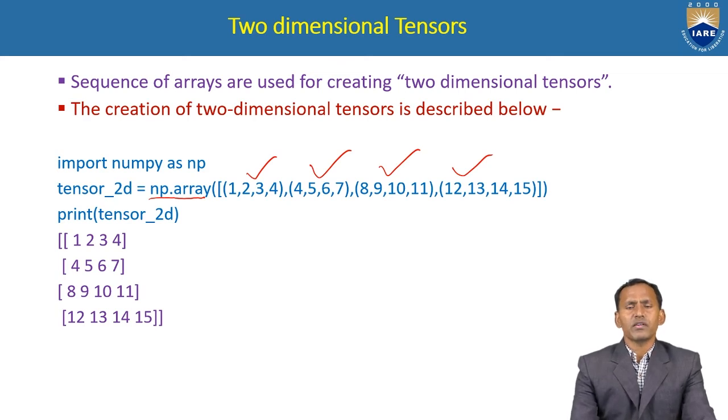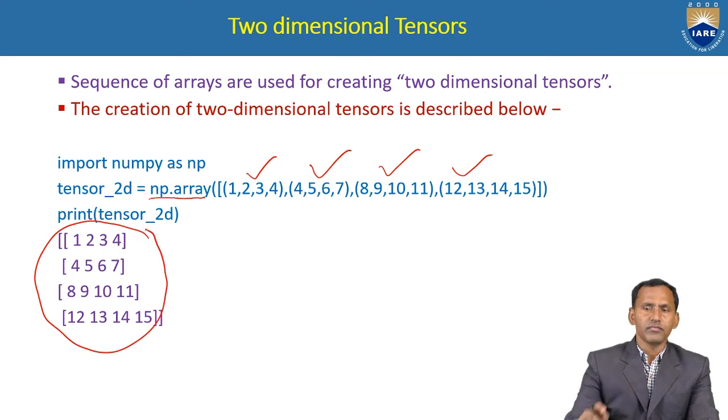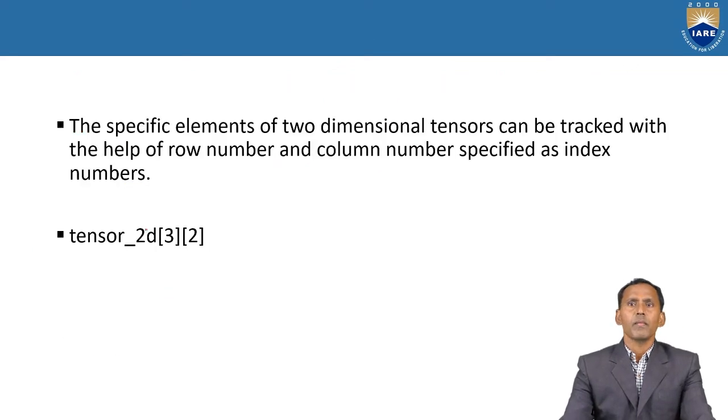Now if you want to display this two-dimensional tensor on the screen, just use the print command. We'll see this output on the screen. Now, if you want to identify a specific element of a two-dimensional tensor, we can use the index concept.